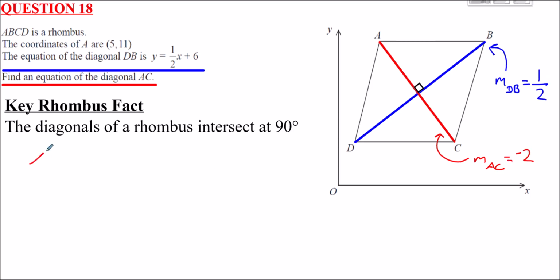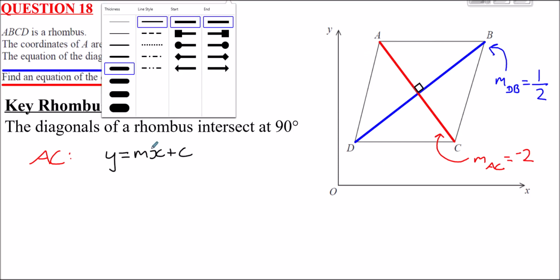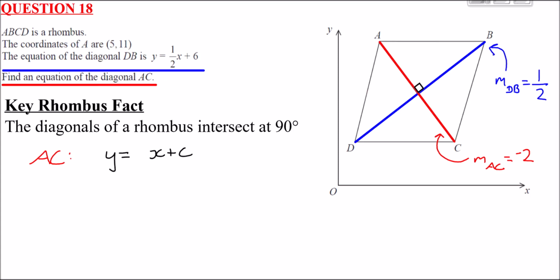So for the diagonal from A to C, we've got y equals mx plus c, which is the general equation for any straight line. But we now know that the gradient of it is -2. So I'm going to stick a -2 there. We just need to work out what this c is.